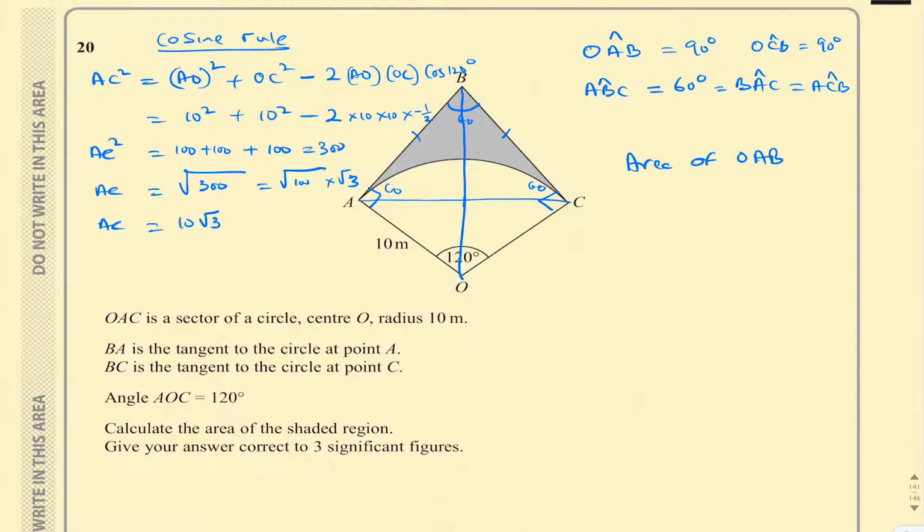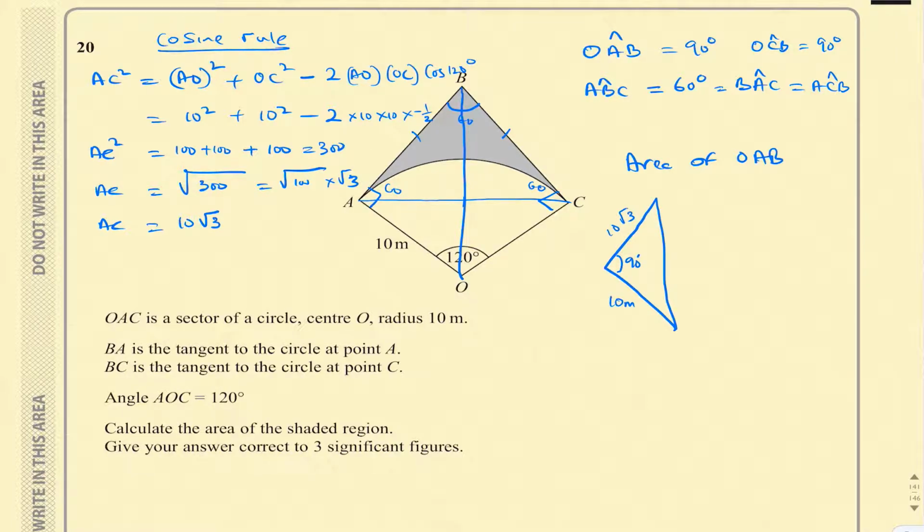So let me just draw it out. That's the half a kite. This is 90 degrees. This side is 10 meters and this side is 10 root 3 meters.